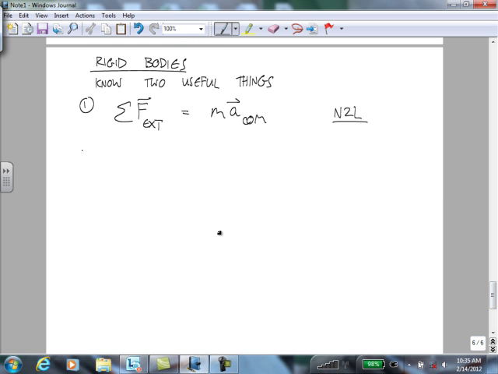That's Newton's second law. And second is the rotational equation. I'll call that rotational Newton's second law.